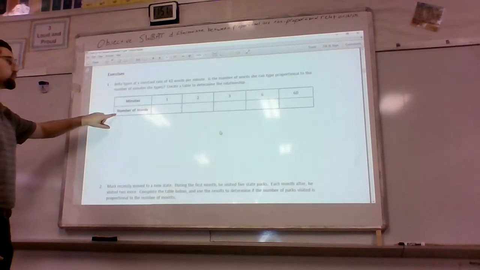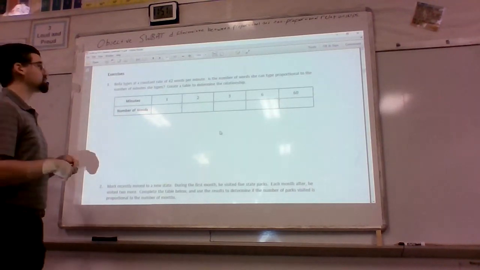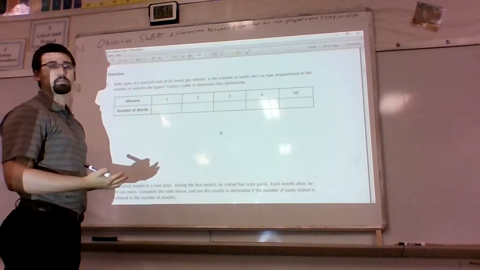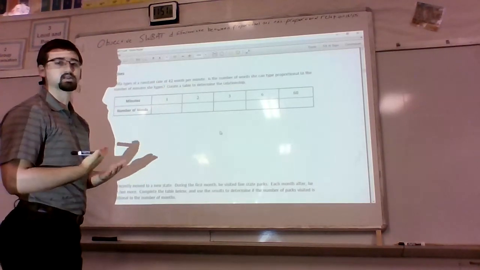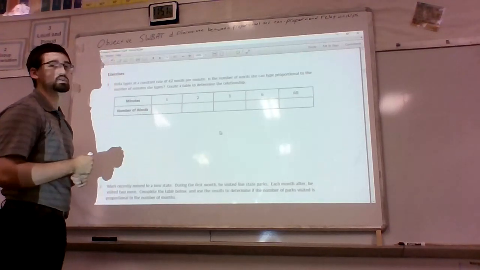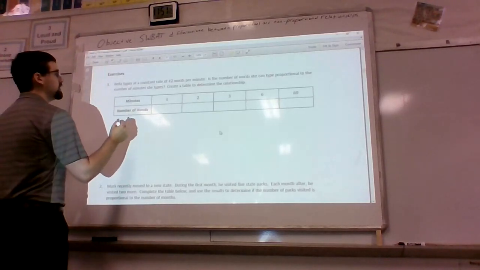Are minutes going to be proportional to words? Okay, you should know before actually doing the problem because it says it's a constant rate. So in all the examples, if it's a constant rate, that means all the examples should be based off of that rate. And so yes, it would be proportional. Okay, but let's do the work and fill in the table.